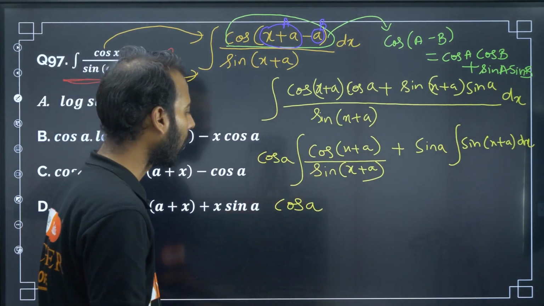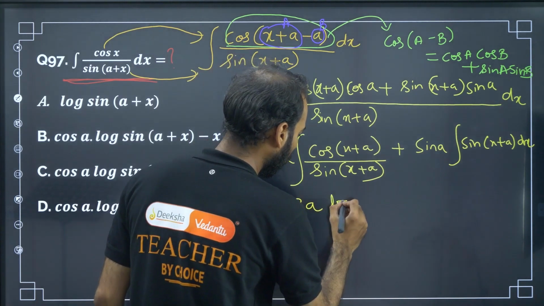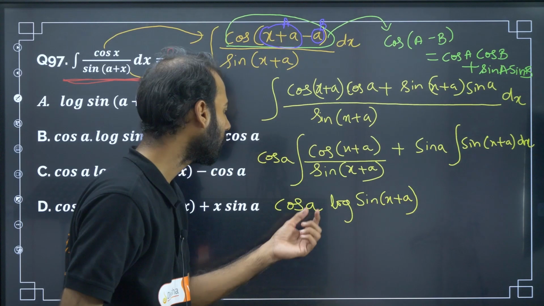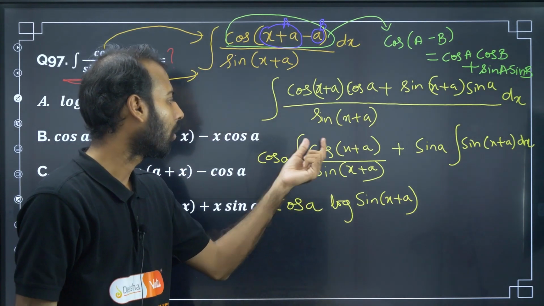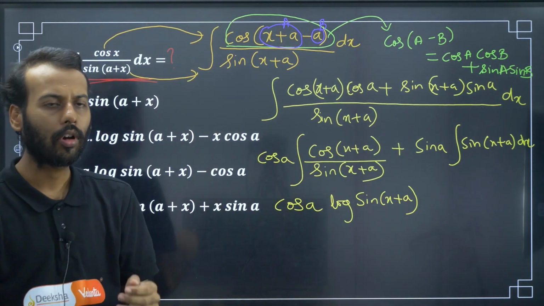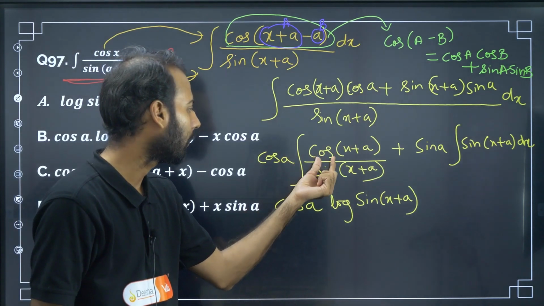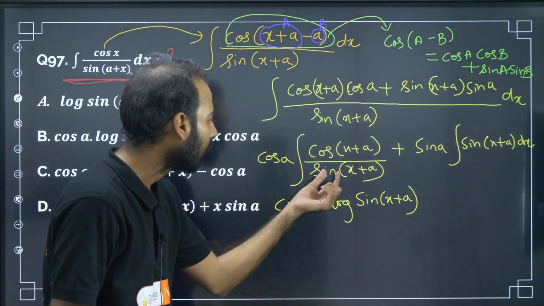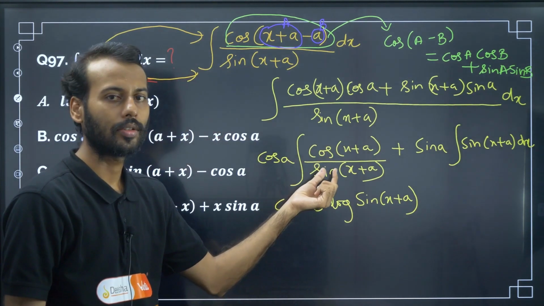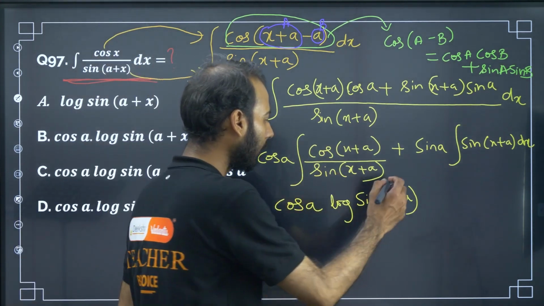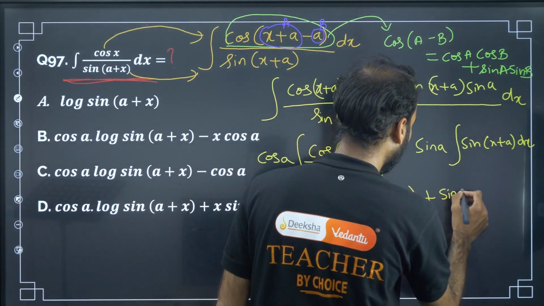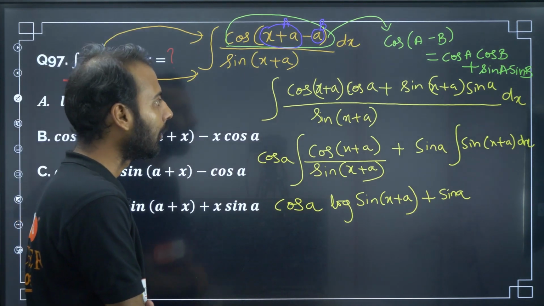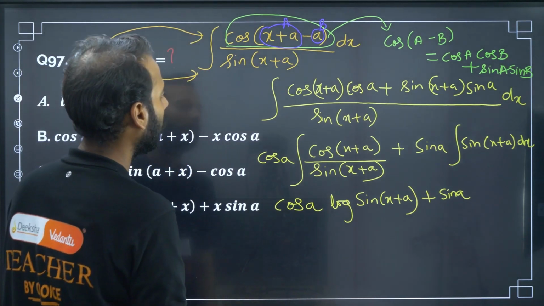Integration of this is log of sin x plus a. Here the differentiation of sin is cos. In one of my previous videos, or you might be knowing already, integration of f dash of x by f of x is log of f of x. So log of sin x plus a, and plus sin a as it is, integration of sin x plus a by sin x plus a.